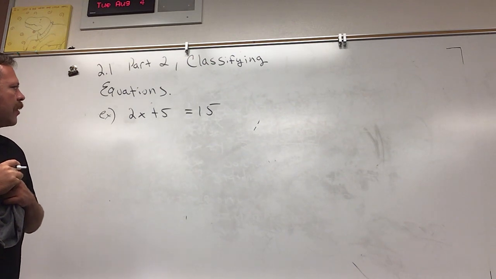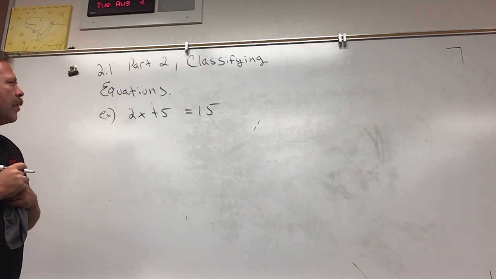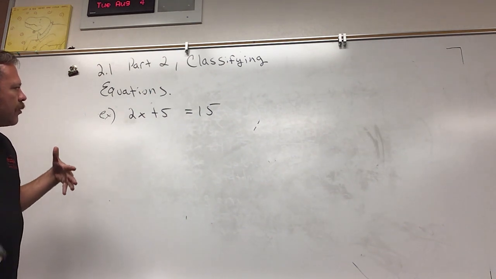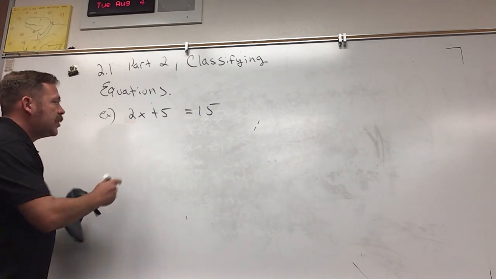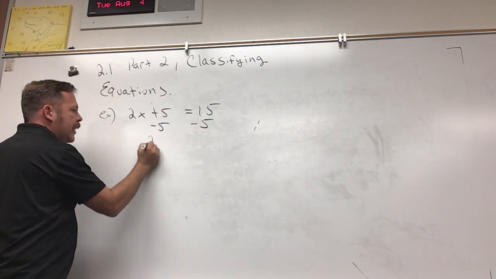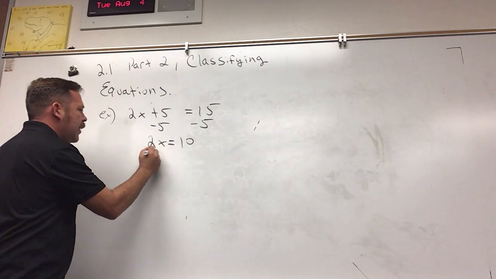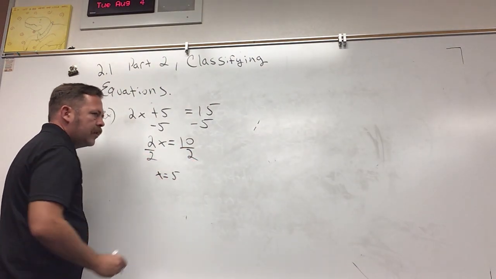But if we went through our entire process, we'd have no distribution, no fractions to clear, no like terms on each side to combine, and then no variables to move to one side. All the variables are already on the left. My first step would be to subtract 5, and I get 2x equals 10, divide by 2, and x equals 5.